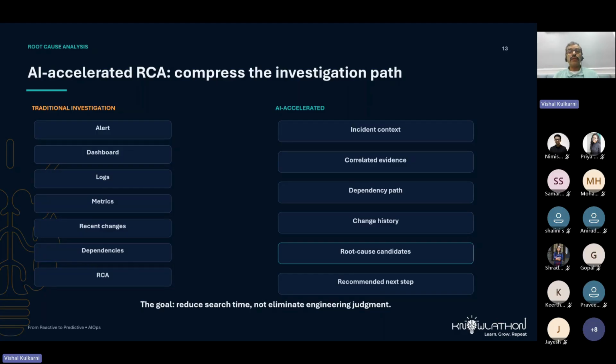But AI accelerated is very proactive and allows you to move towards predictive. It is like incident context, correlated evidence, dependency paths, change history, root cause candidates, and then recommended next steps as well, which have been indicated.